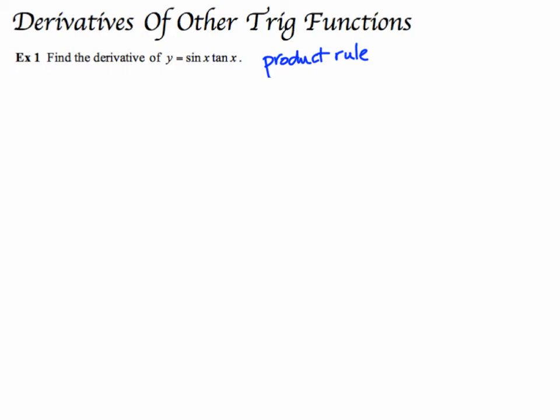As long as you know how to use the product rule, and this is how I chose to do the product rule. Leave sine x, the derivative of tan x is secant squared x, plus the derivative of sine x is cosine x times tan x.